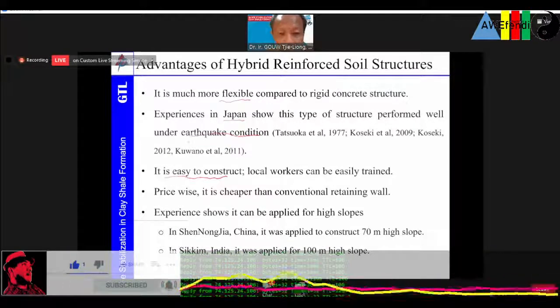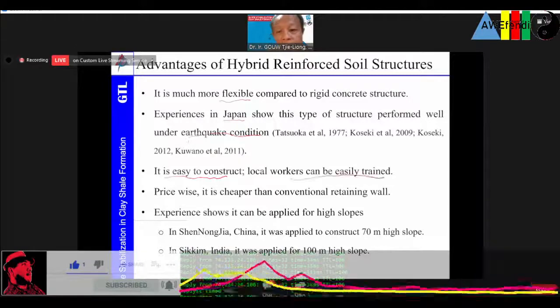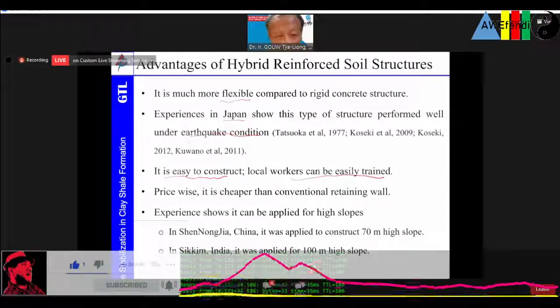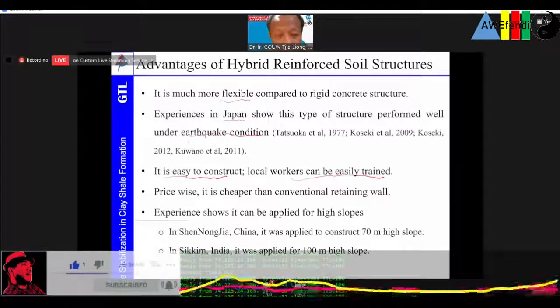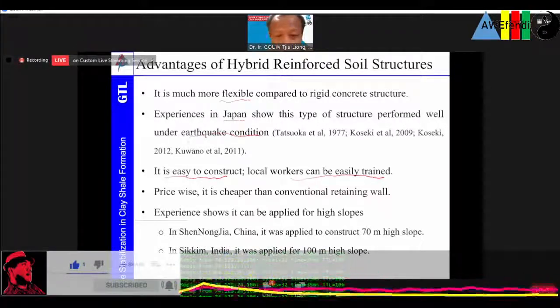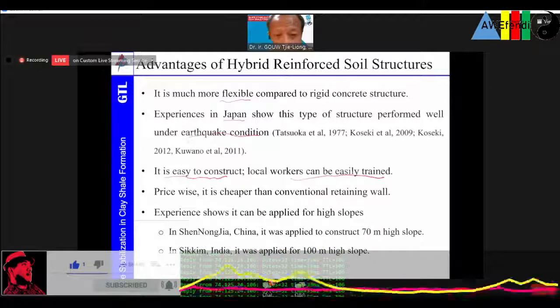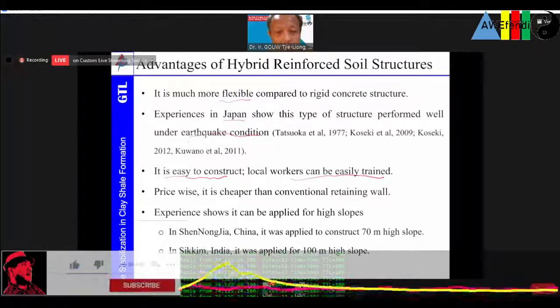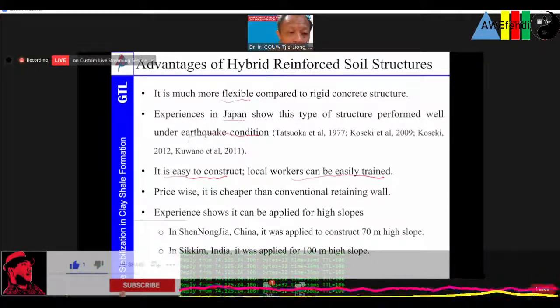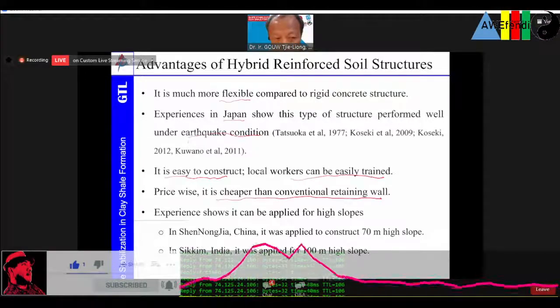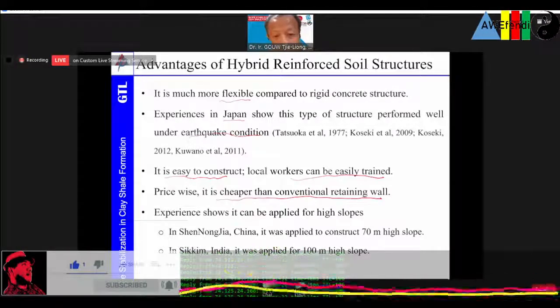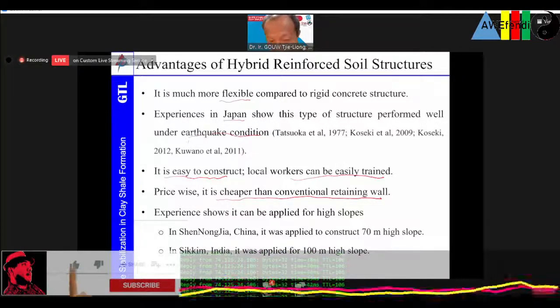It is easy to construct. Local workers can be easily trained to place the geosynthetic and reinforcement, so we can employ local workers. Price-wise, it is cheaper than a conventional retaining wall. And experience shows that it can be applied for high slopes.